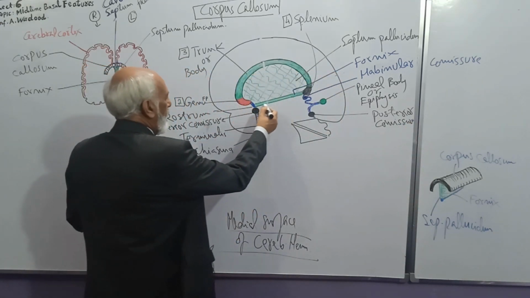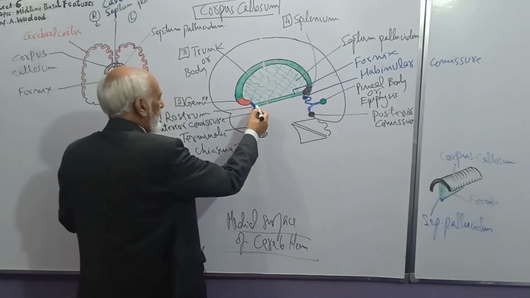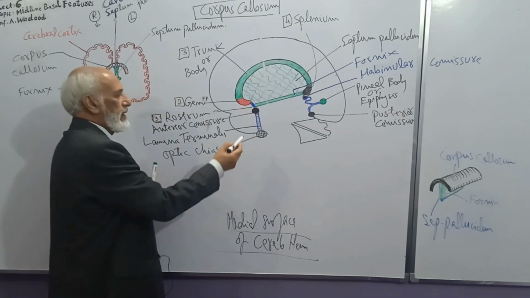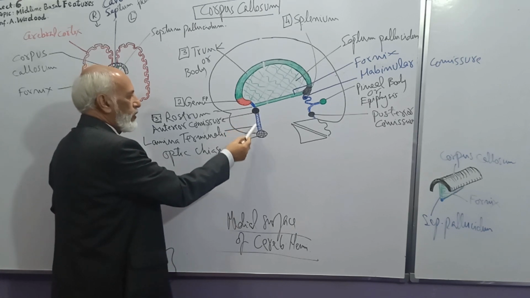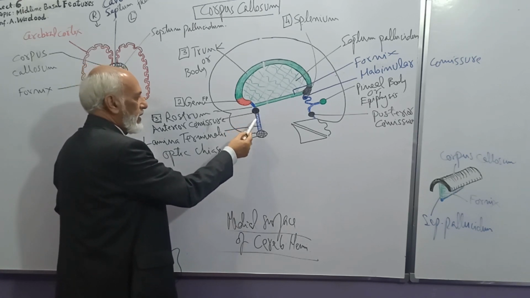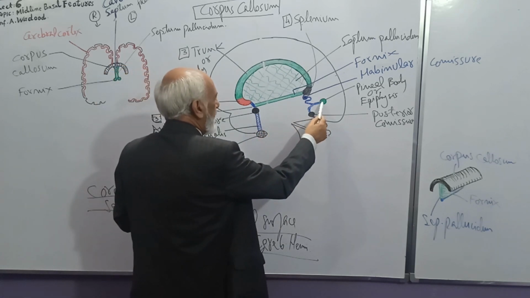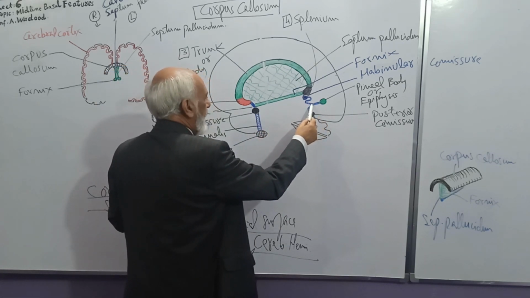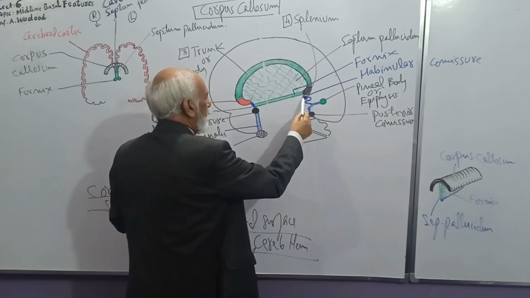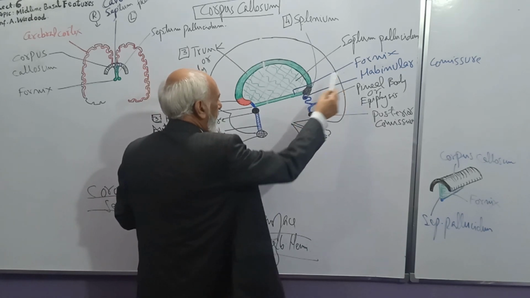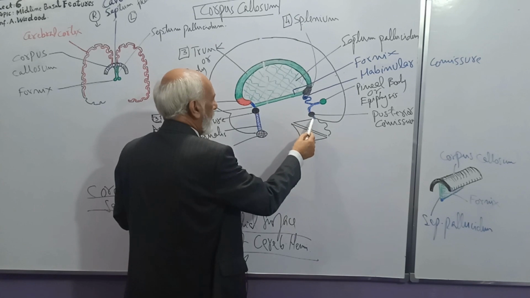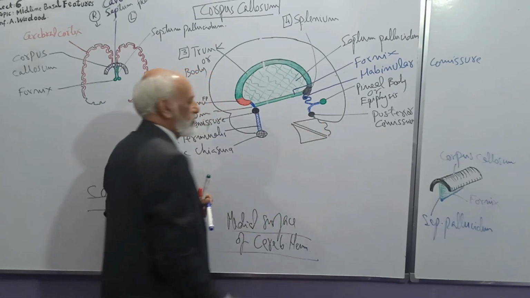So above we talk about the structure that is the fornix. Anteriorly from above downward is the anterior commissure and lamina terminalis. Posteriorly is the pineal body, pineal stalk, upper lamina, which is occupied by the habenular commissure, and lower lamina, which is occupied by the posterior commissure.